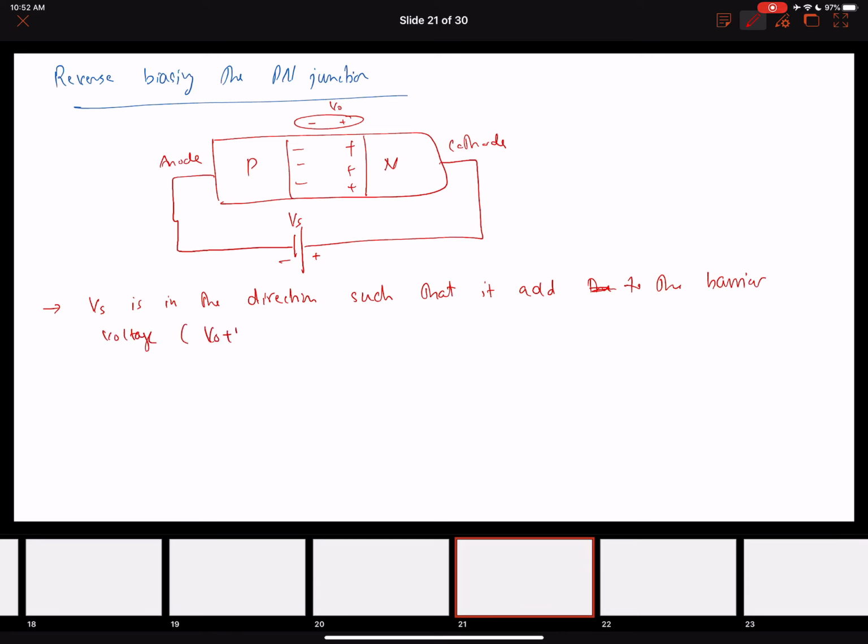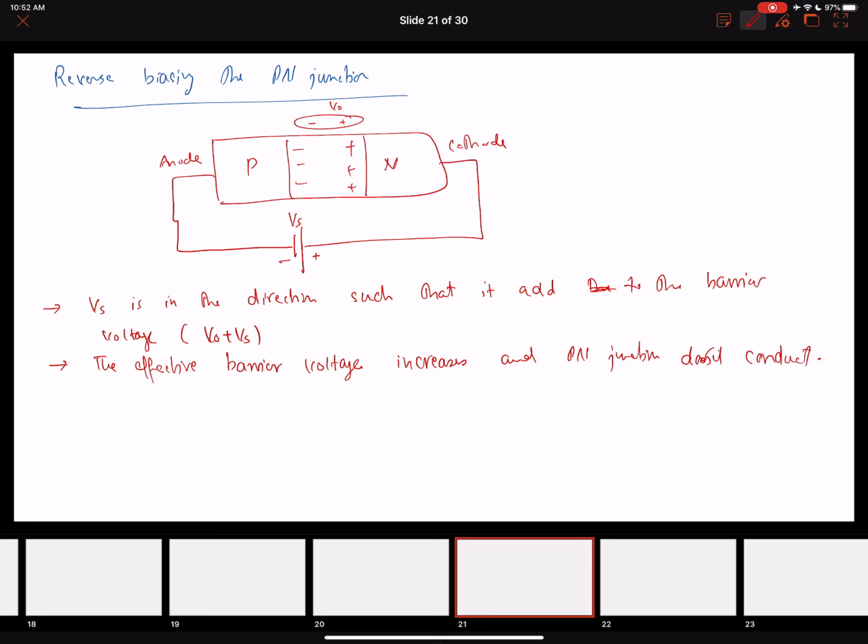So V0 plus Vs. So the effective barrier voltage increases and the PN junction does not conduct, right?